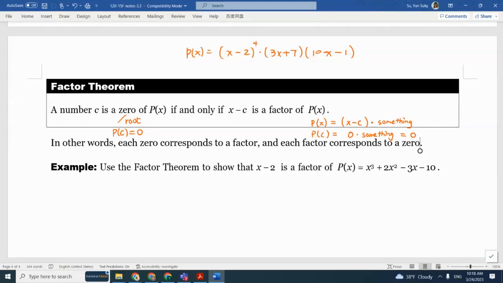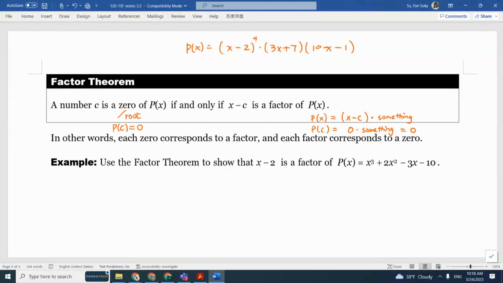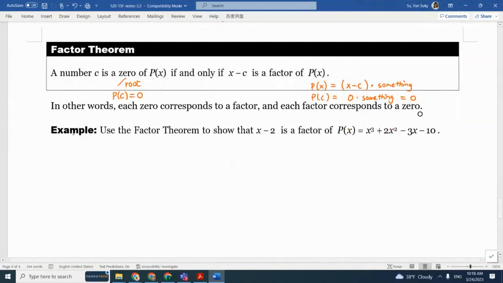Okay. So example: use the factor theorem to show x minus 2 is a factor of P of X. X minus 2 is a factor if and only if, by the way, this symbol is "if and only if", so x minus 2 is a factor.